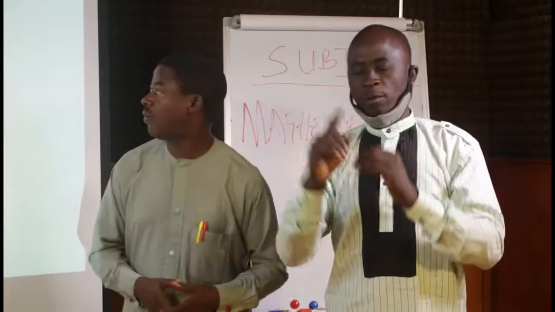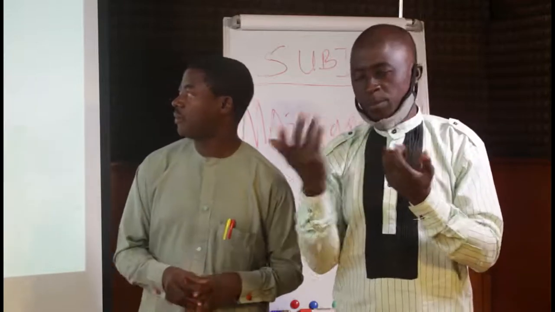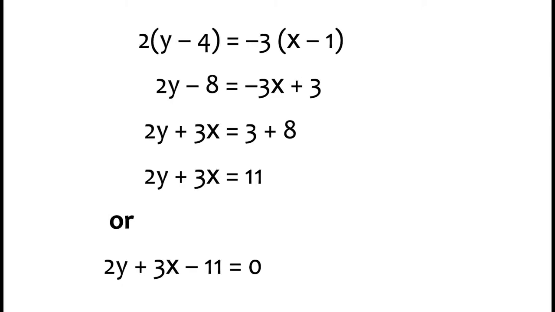So when you simplify further, you'll be having 2 into y minus 4 equals to minus 3, because 2 has divided 2. So we'll be left with minus 3, open bracket, x minus 1.